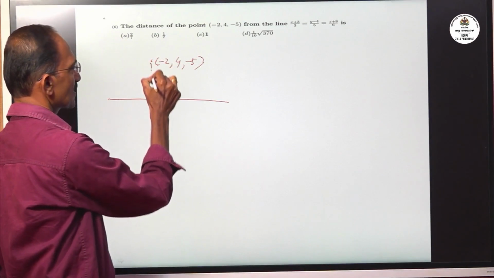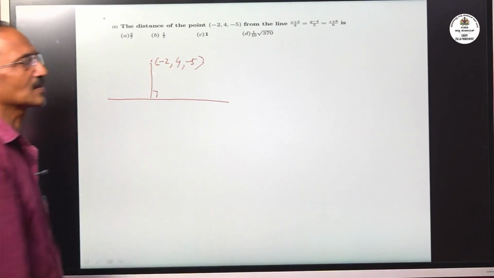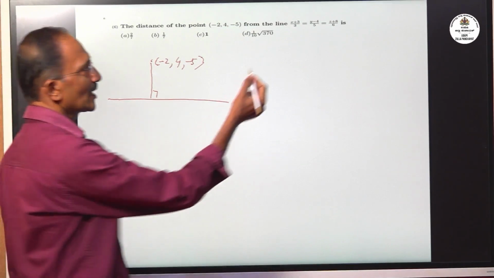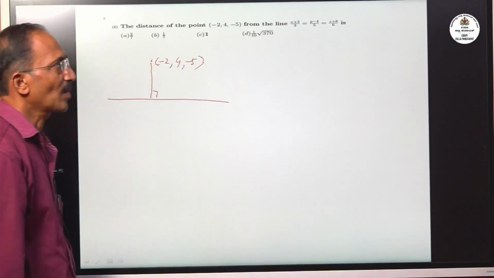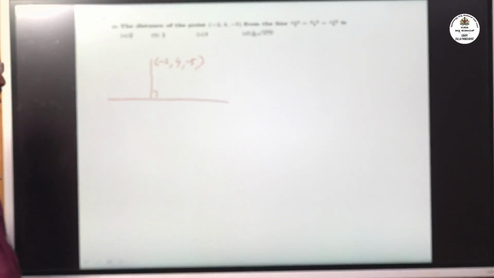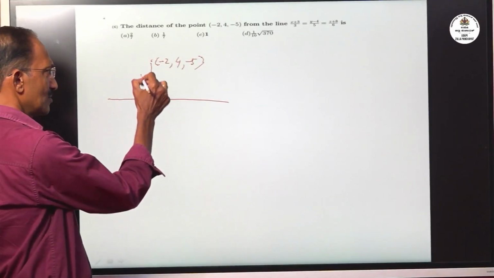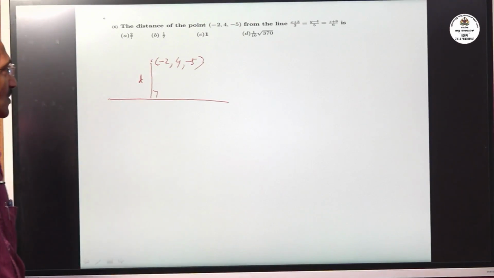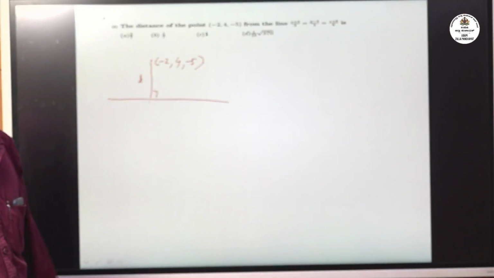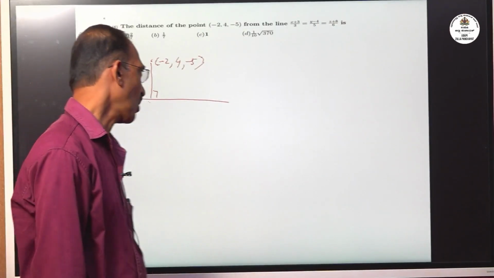The distance is nothing but the perpendicular distance. To find it, you have to find the foot of the perpendicular from that point.